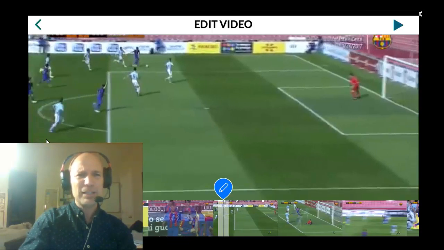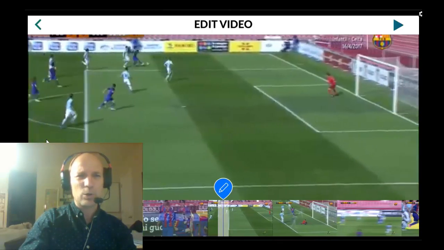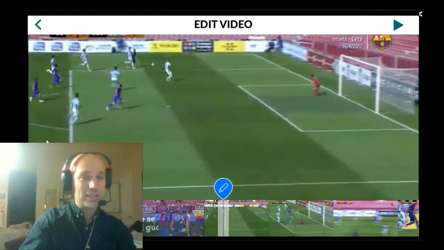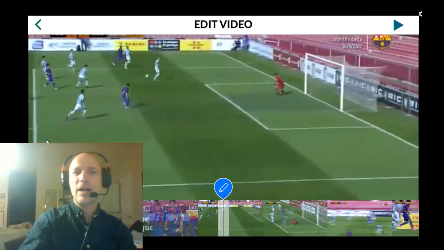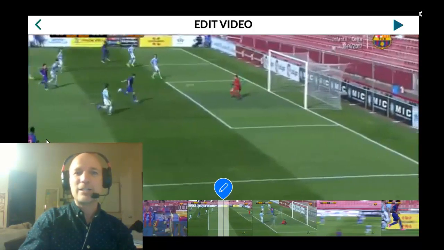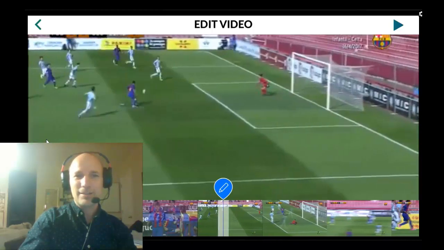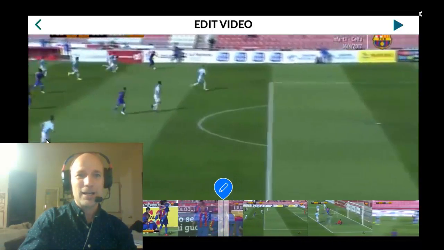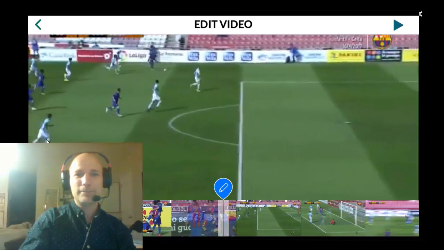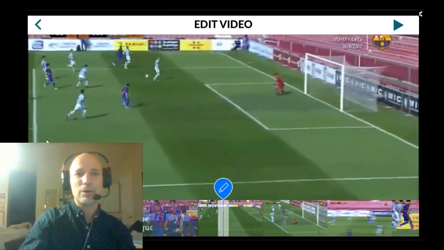He possibly notices someone on the left-hand side in the corner of his eye, and he decides to mark that person, even though he is being marked, and the cross comes in, finding this center completely open, and the other defender is scrambling to try to get there. He's too late. Let's look at it one more time. He's still marking, still marking, still marking, not marking anymore, completely left.